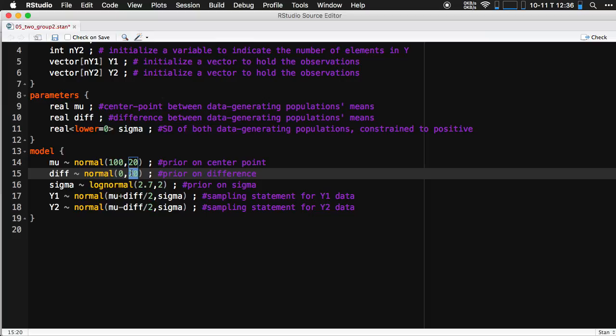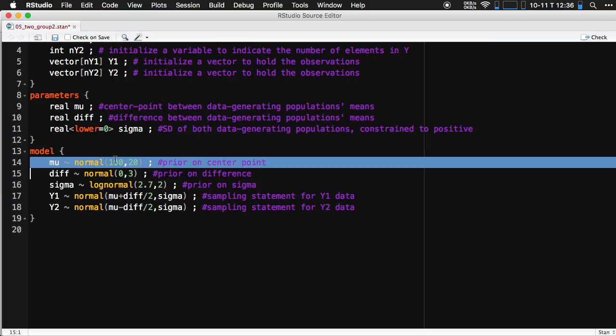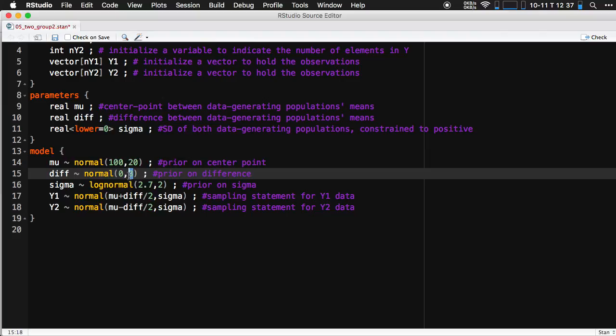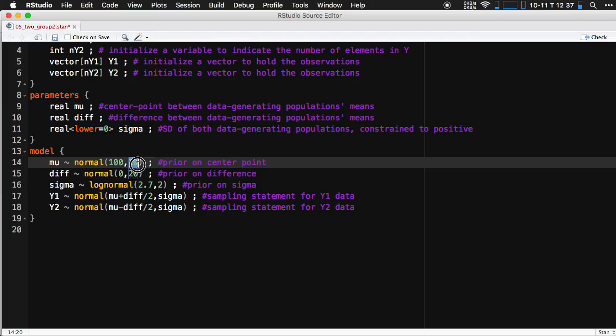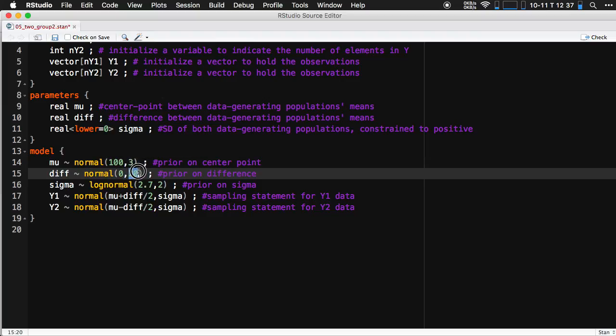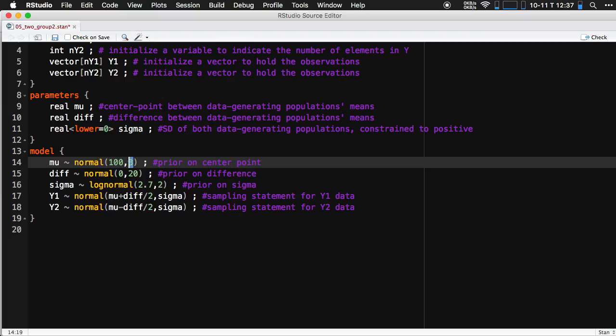Maybe we're really certain it's 0, but we're uncertain as to where their common mean is. Or maybe we're really certain as to where the common mean is, but we're rather uncertain about whether there's a difference at all. So you can independently set the priors for those.